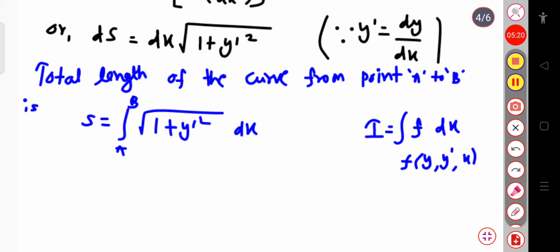Here you can see this function is a function of y prime. If you compare these two equations, we can substitute the value into the Euler-Lagrange equation.